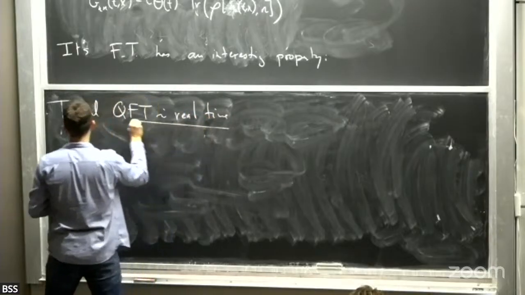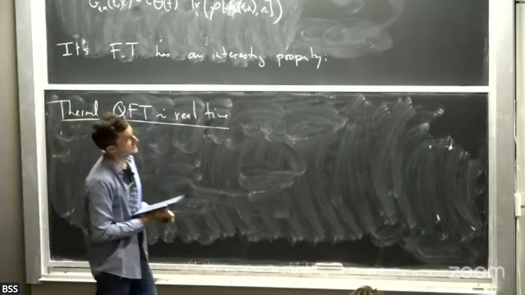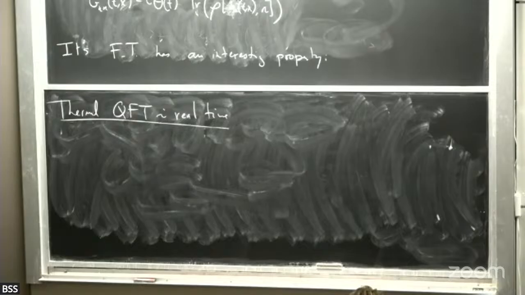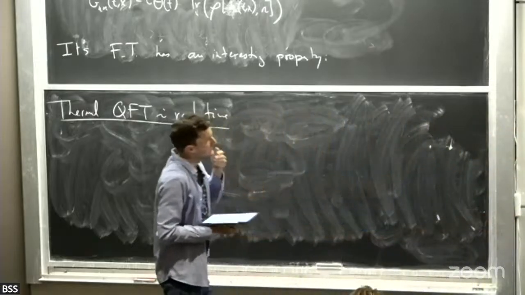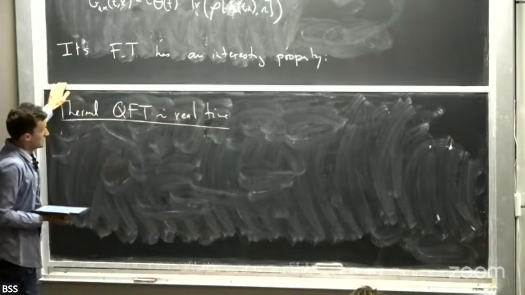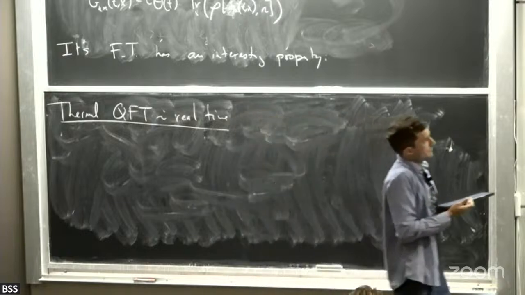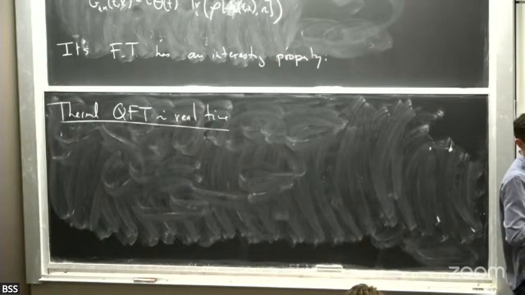Okay, and you might ask, why do we need to do this? We just saw, or you will just prove in your exercise, that real-time Green's functions, like the retarded Green's function, can be obtained by analytic continuation from the Euclidean one. So let me just always work in imaginary time. Well, there are several problems with that. The main problem is that in systems of interest we won't be able to solve the Green's function exactly.